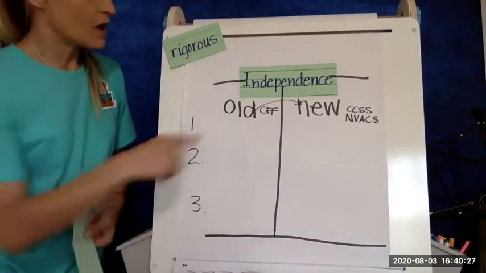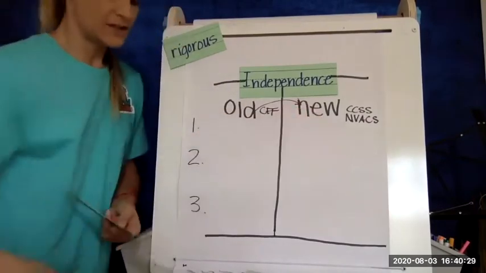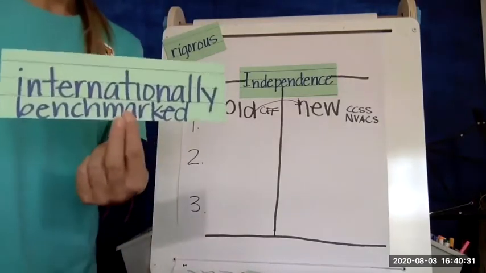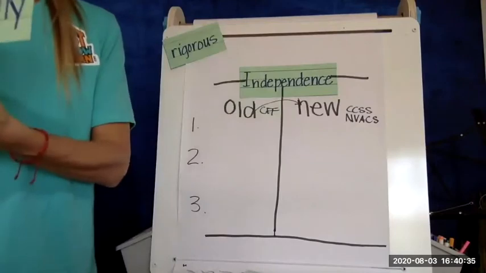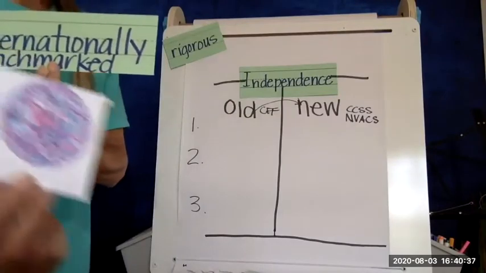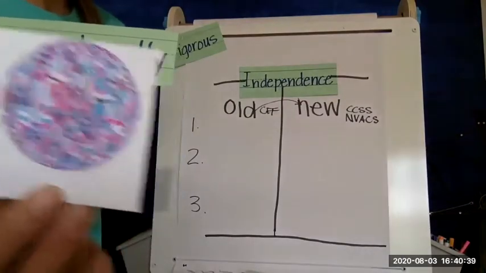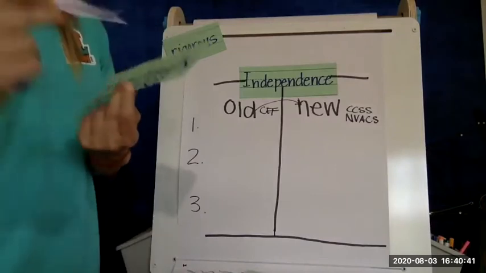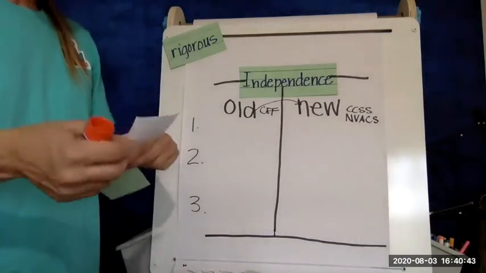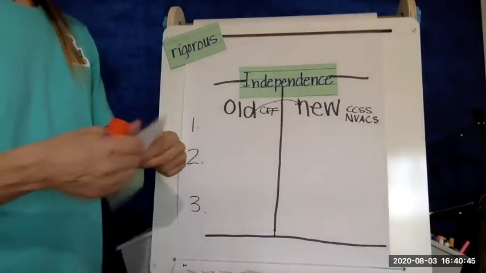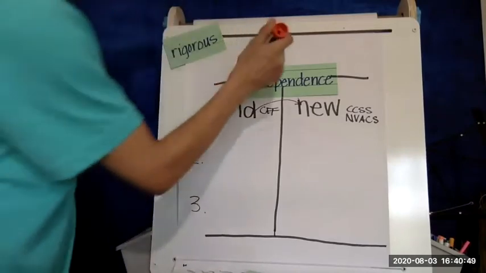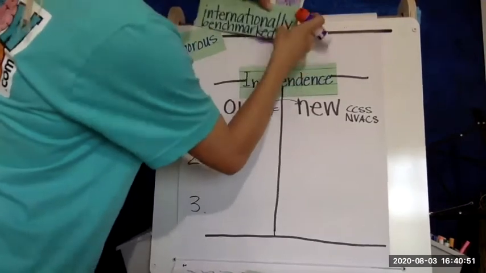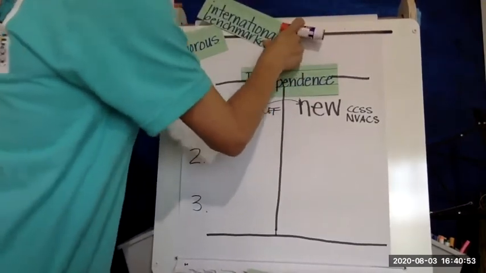Another thing with Common Core, and the reason why we made this shift, is because they're internationally benchmarked. What that means is internationally, all across the world, these standards are the same. We can see what we look like compared to other countries internationally to see if we're on track.